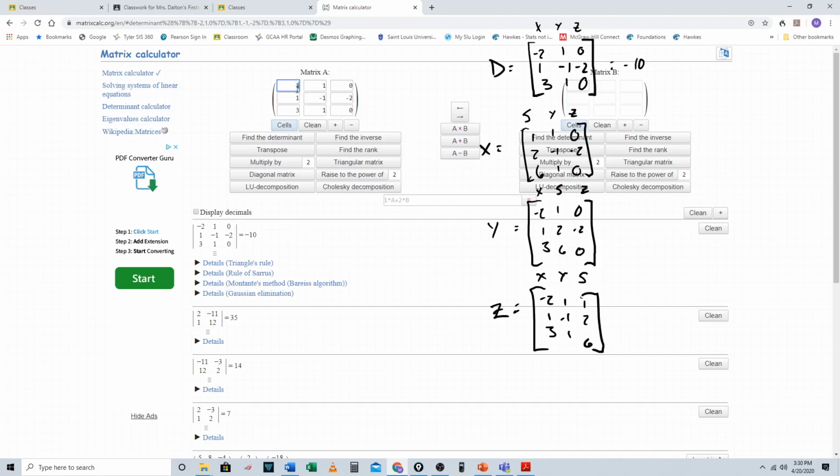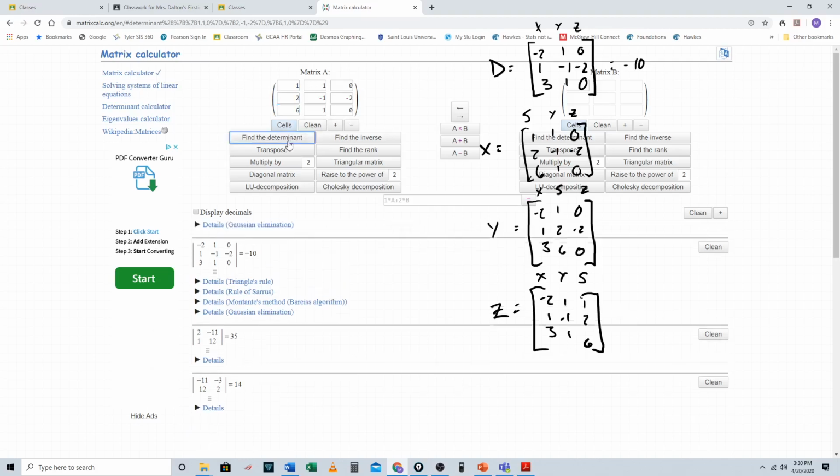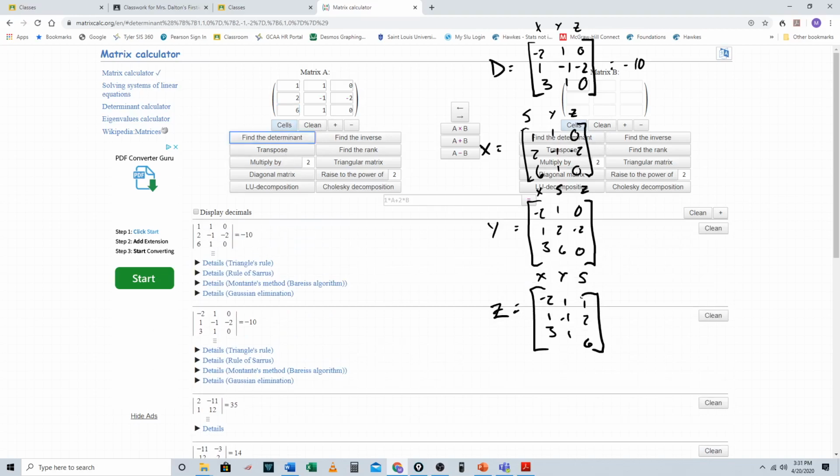So we're gonna do 1. Find the determinant. That's also -10. This to be 1, 6. Negative.